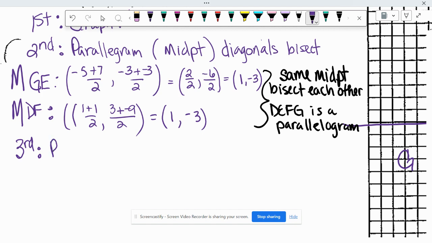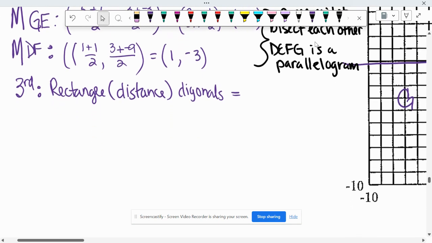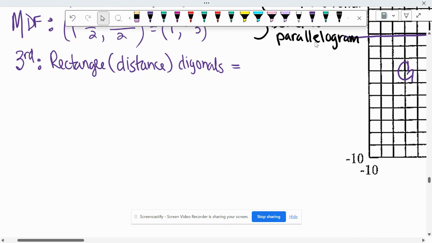How? Yeah, we're going to use the distance formula, and we're going to show that the diagonals have the same measure. They're equal to each other. Okay. All right. So distance of GE, distance of DF. Okay.